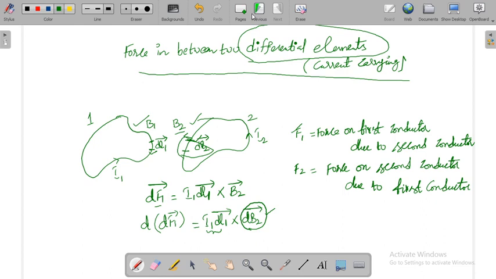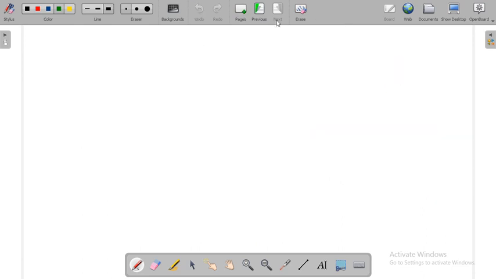Okay, so now how can I write this? If I assume that this is the first differential element, consider like this, it is dl1 bar, and this is the second differential element, consider this as dl2 bar. Let us assume the distance between these two, I am just writing the magnitude, I am not writing the vector, because vector is different.